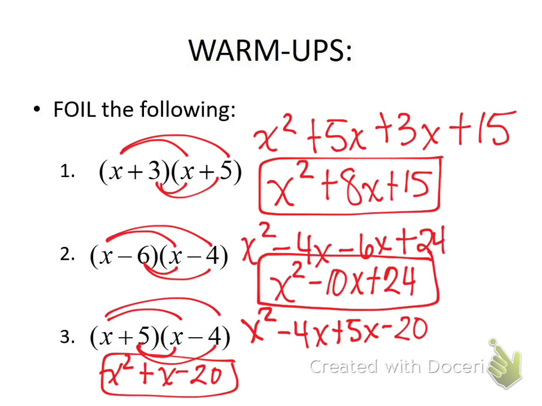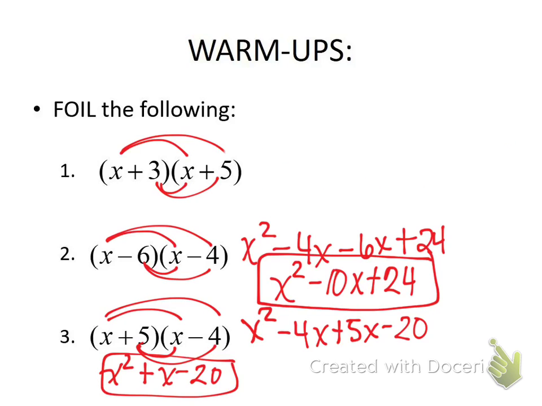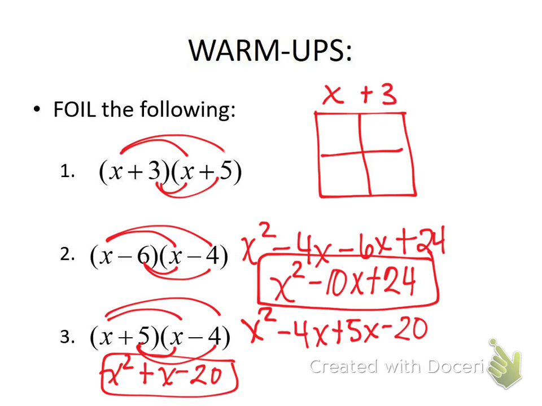Questions on these? Before I erase them and show you something you might have already seen before. When I have taught multiplying and factoring before, some of my students like to do it with the boxes. Have you seen this before? Where you put one of the binomials across the top and you put the other one down the side.